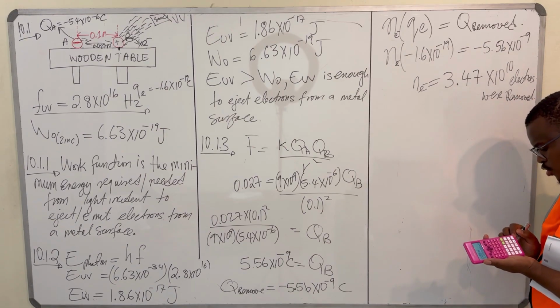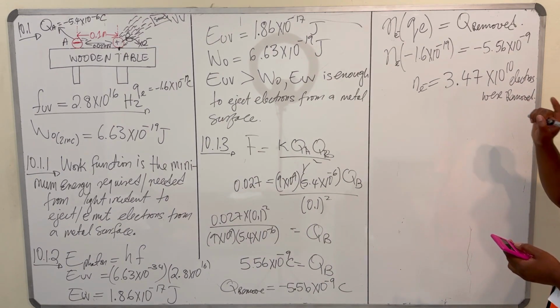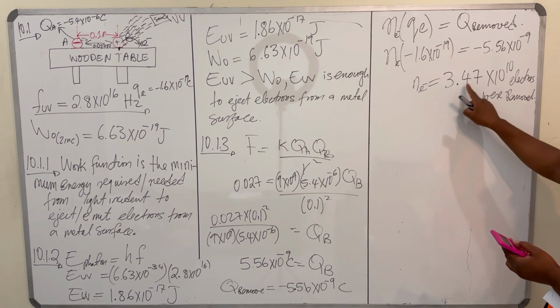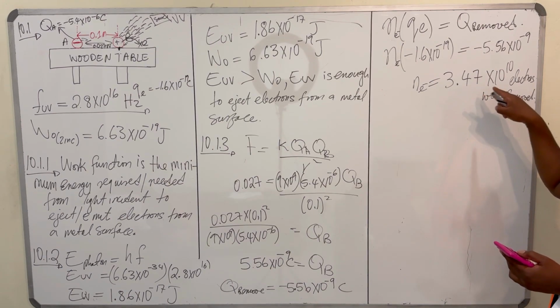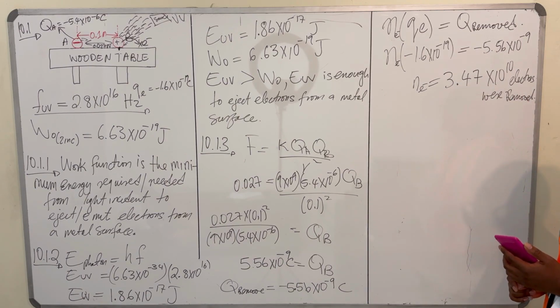But you know that each of these electrons was removed by one photon. So if you had this total number of electrons removed, you had this total number of photons hitting our metal.